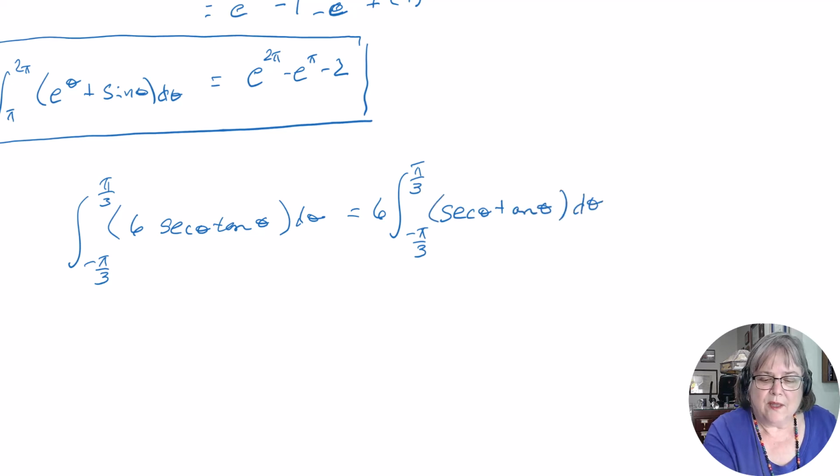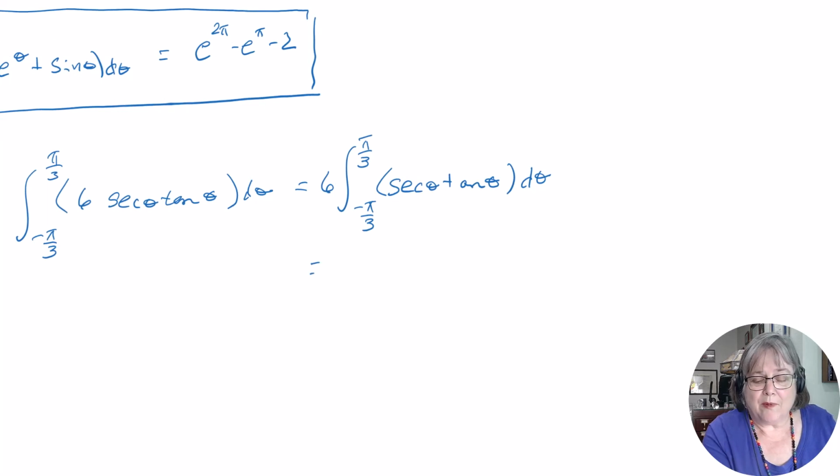And the question is, because this is not the power rule, what did you take the derivative of to get secant theta tangent theta? Well, that would have been secant theta, right? And then we're going to evaluate this from negative pi over 3 to pi over 3.